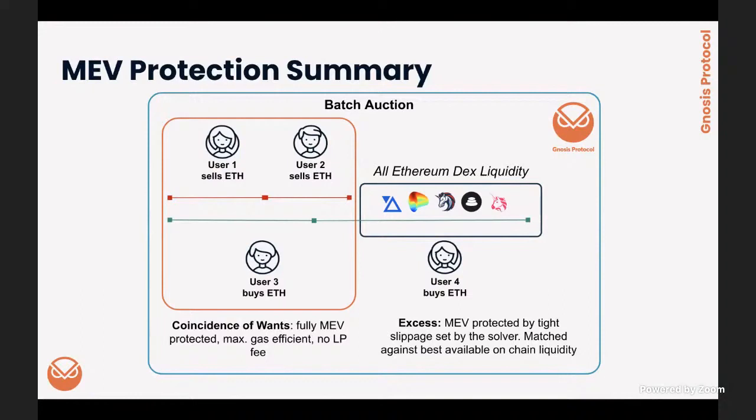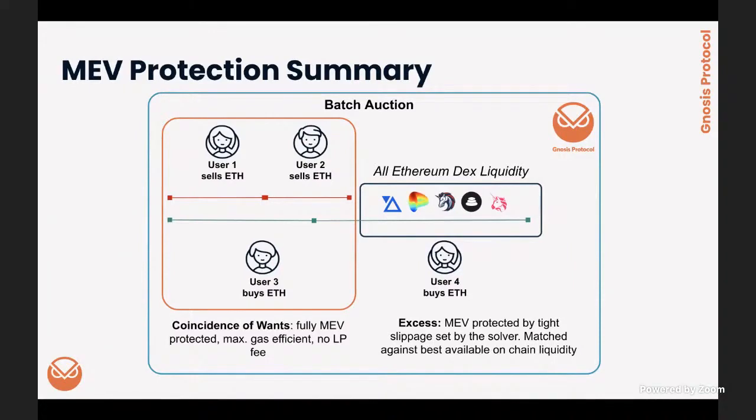The prices are agreed to off-chain, and only the Gnosis protocol settlement contract is allowed to execute this trade. And it doesn't matter in which position within the block the actual settlement transaction is mined, because the only entity that can actually do this trade is the Gnosis protocol settlement contract itself. So the coincidences of wants are fully MEV protected.